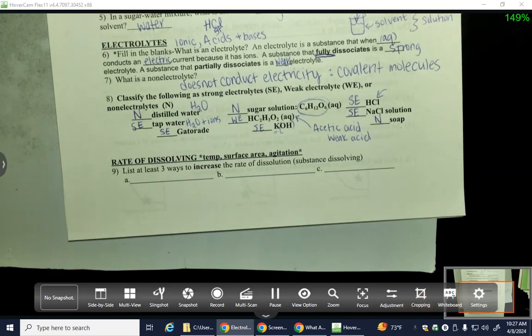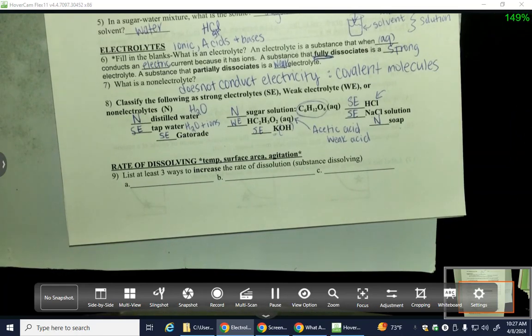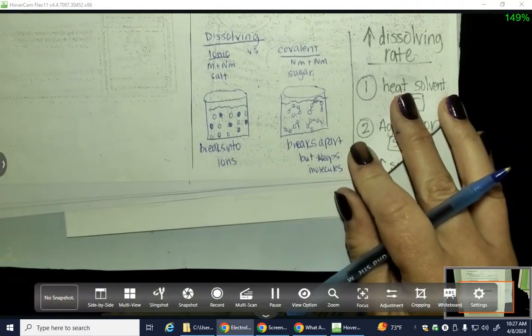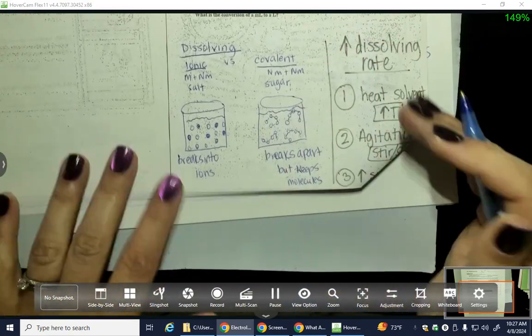It was like a little half sheet. And on that, we wrote down stuff from the video that day with how can we get something to dissolve faster. Okay, so when we did that, we ended up finding, there it is. I had it in here. It was these. So we looked at this little video clip, and it was mentioned what was going on.